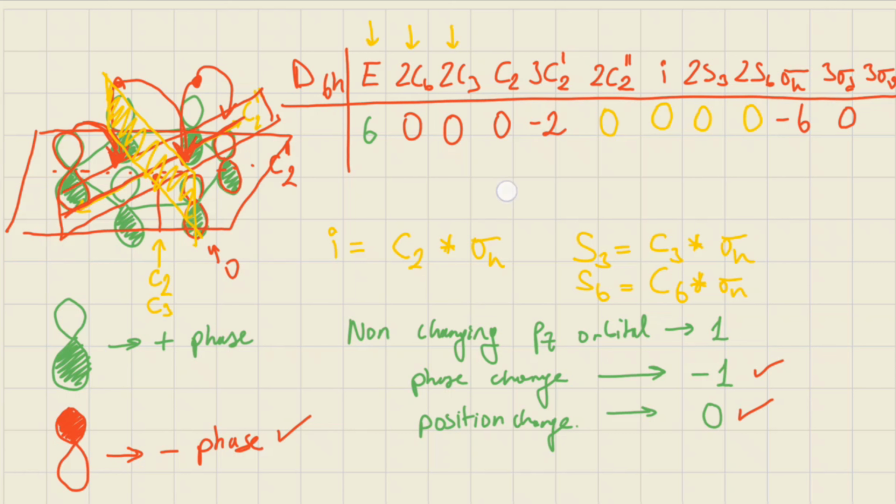Okay, so these two pz orbitals, these yellow ones, will be in the same position if we apply it, but the other two, these ones, will change with each other. Therefore, we have two unchanged positions, so the answer is 2. So this is our reducible representation for the pz orbitals.